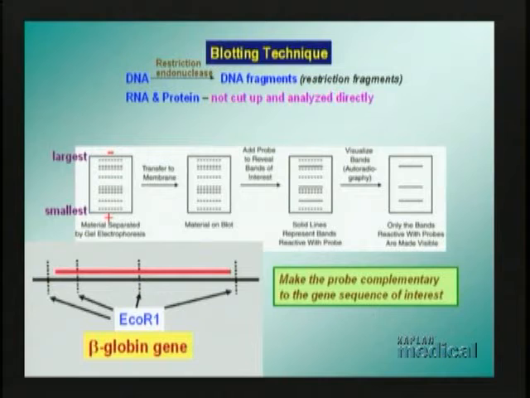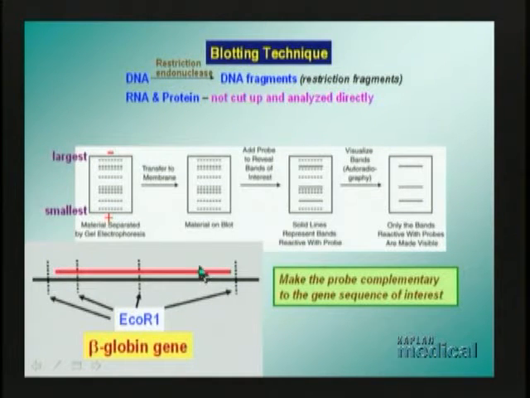So the red horizontal line represents a probe that we make in a laboratory or commercially purchase that's complementary to the beta-globin gene. Notice how this probe will base pair with and hybridize with the small fragment from beta-globin, the medium-sized fragment from beta-globin, and the large fragment from beta-globin.